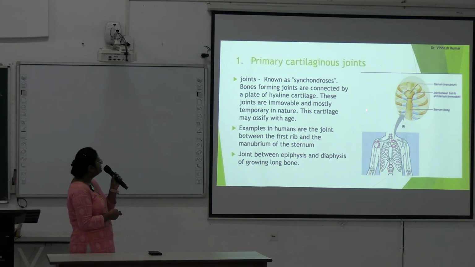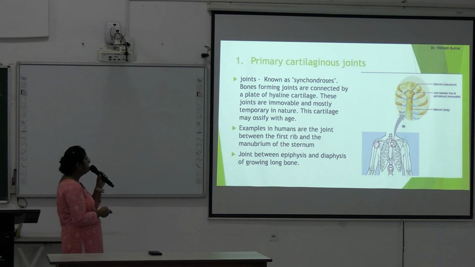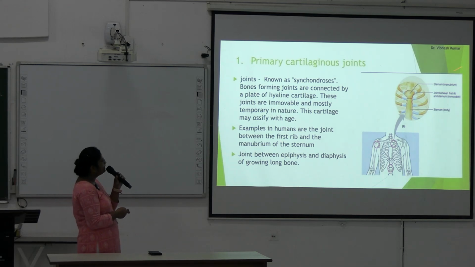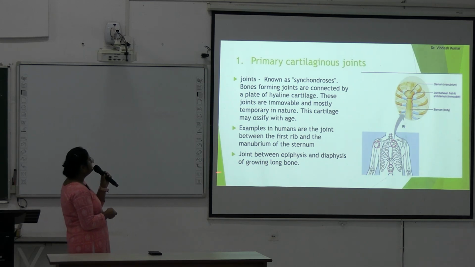Examples in humans are the joint between the first rib and the manubrium of the sternum. See here, this is the sternum, manubrium and body of the sternum. So this first rib and manubrium of the sternum, this first costochondral junction, is the primary type of cartilaginous joint, and also the joint between the epiphysis and diaphysis of a long bone.